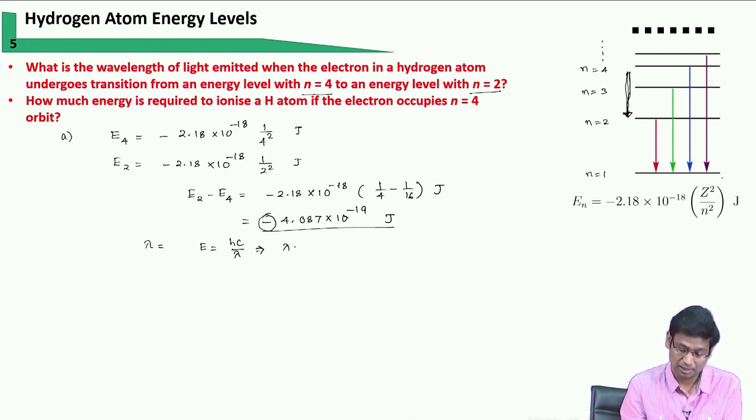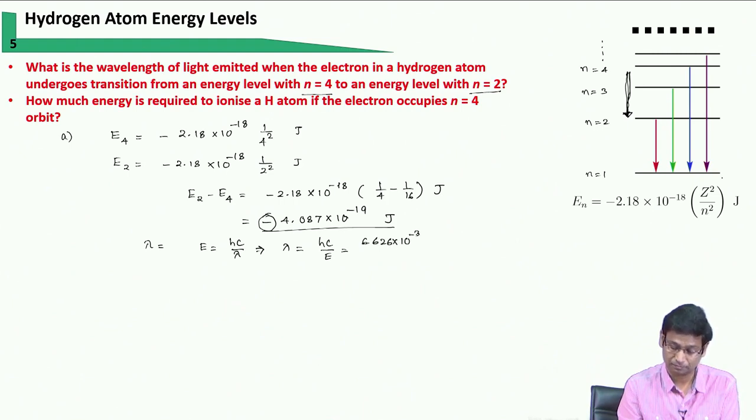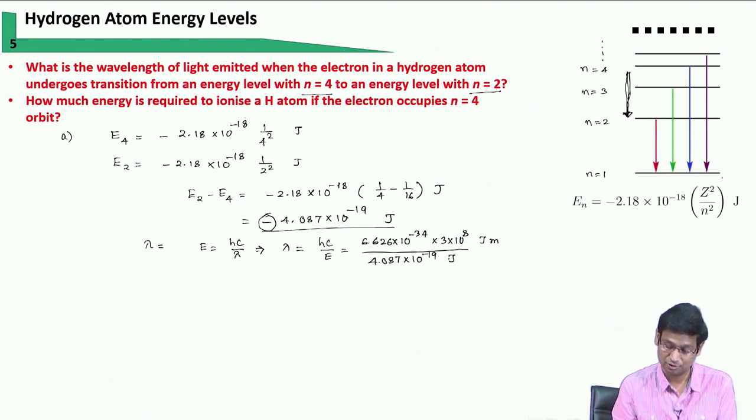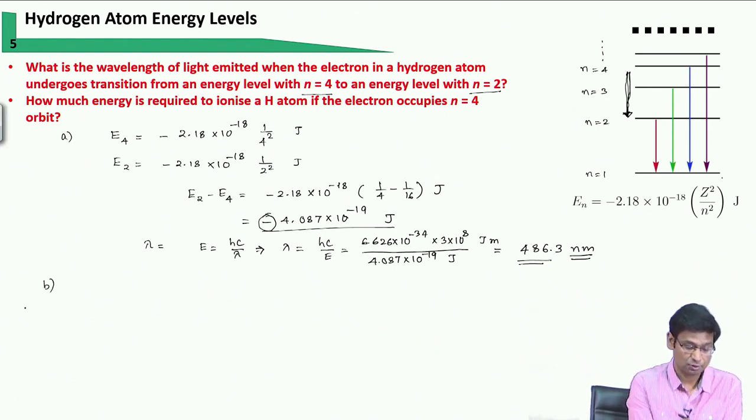So, therefore, lambda is hc by E. Again we have to deal with the multiplication of the two constants, divided by 4.087 into 10 to the power minus 19 joule, which should come out to be in the unit of nanometer, it is 486.3 nanometer, which is 10 to the power minus 9 meter. So, this is the wavelength that the electron will emit when it jumps from n equals 4 to n equals 2.